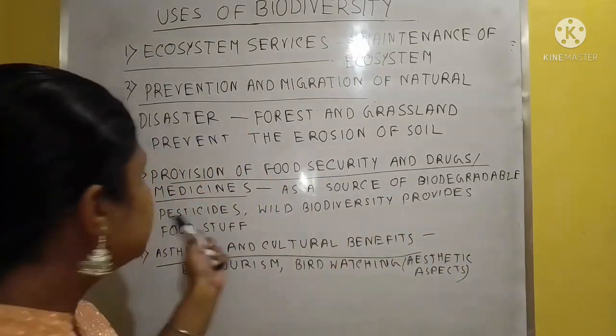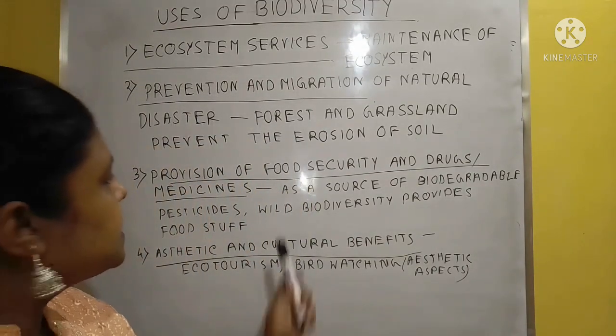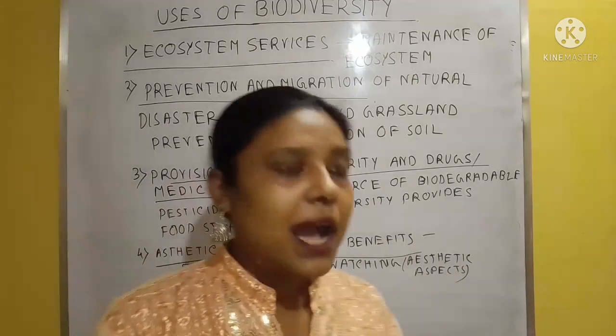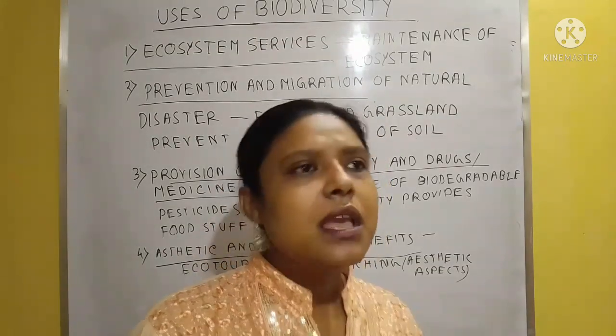Biodegradable pesticides are produced in factories. Okay. And another important thing is that biodiversity provides foodstuff. You know that we get honey and wax from honeybees. The other important thing is that we are totally dependent on wildlife.